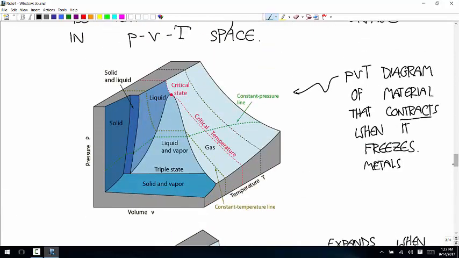You can see it a little more clearly here, but this thing that goes up like that is called the vapor dome. Any point on this surface represents a material in a certain state, and any of the states inside this dome are mixtures of liquid and gas. And those mixtures of liquid and gas are going to be really important in thermodynamics.